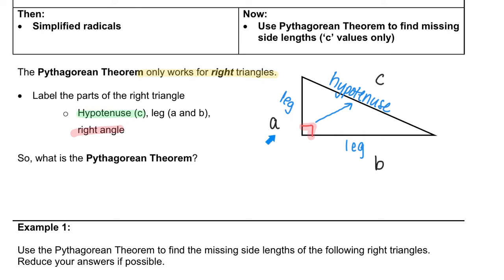We have these letters over here, A, B, and C, representing the different sides of my triangle. So the Pythagorean theorem is A squared plus B squared equals C squared. So this means that the two legs squared added together equal that hypotenuse value squared.